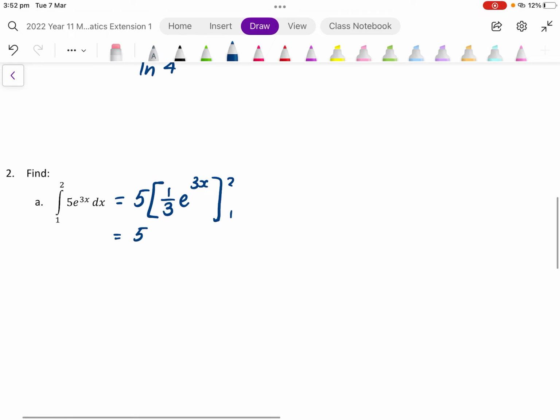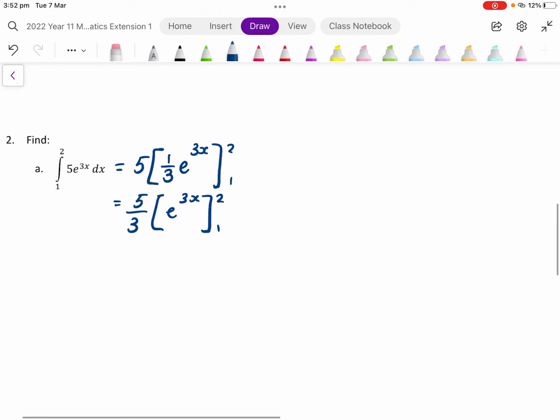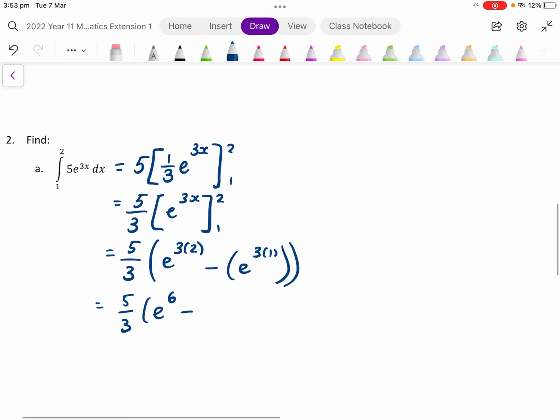This is then equal to 5 over 3 of e to the power of 3x, and we need to substitute in our 2 and our 1. So let's do that. 5 over 3 lots of e to the 3 lots of 2 minus e to the 3 lots of 1 is equal to 5 over 3 lots of e to the 6 minus e to the 3.